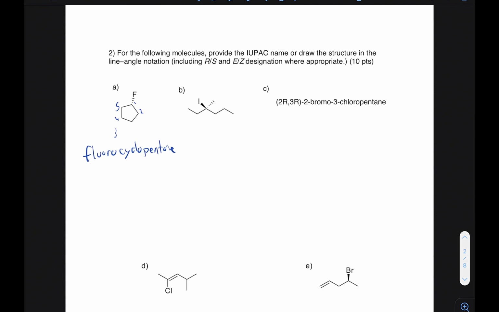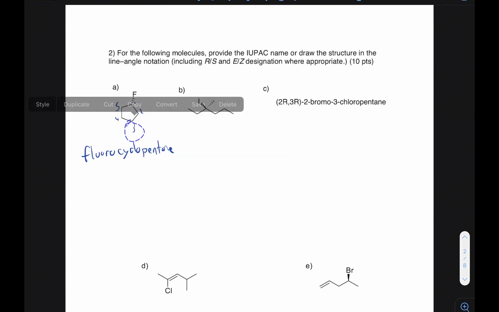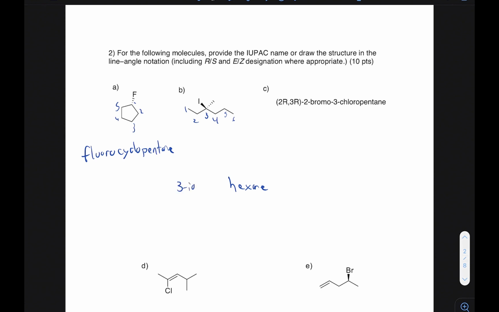So for the second problem here, we have a hexane parent chain, 1, 2, 3, 4, 5, 6. On that 3 position, we have an iodo, and we have methyl. So 3-iodo, 3-methylhexane. But we also have a chiral center now. We have 4 different groups coming off of that central carbon: a methyl, an ethyl, a propyl, and iodo. So we have to make sure we're doing chirality naming.